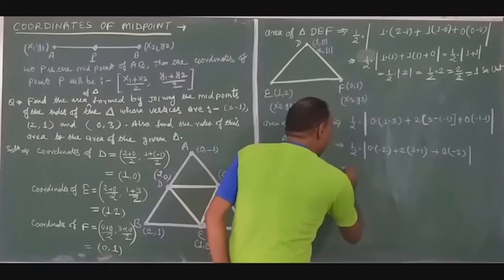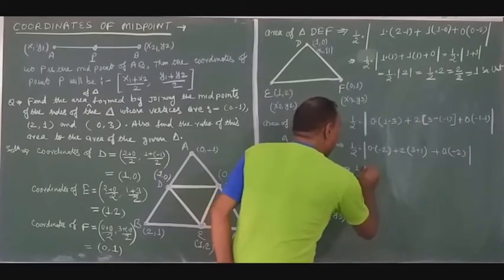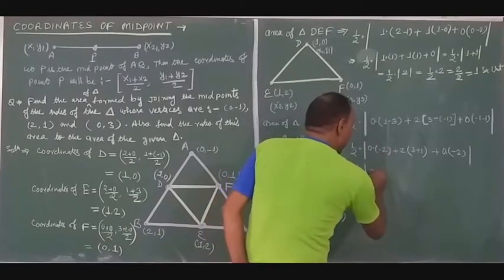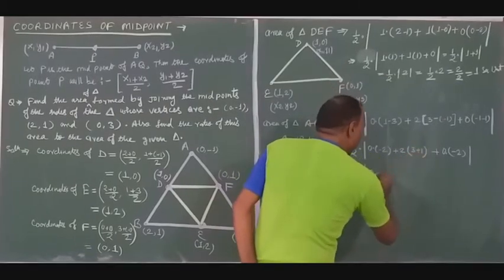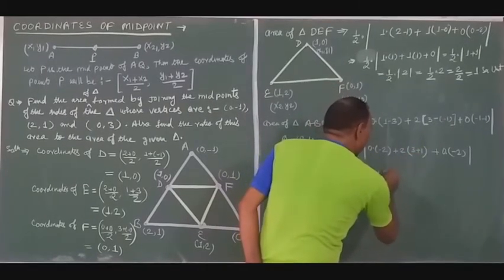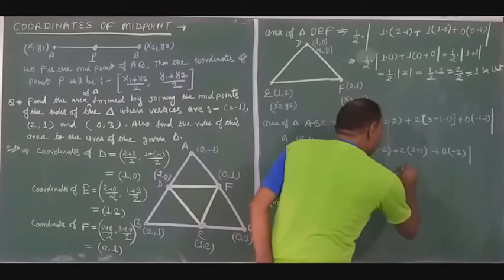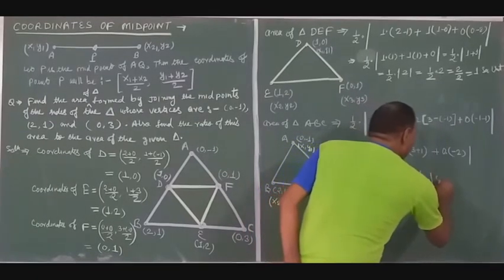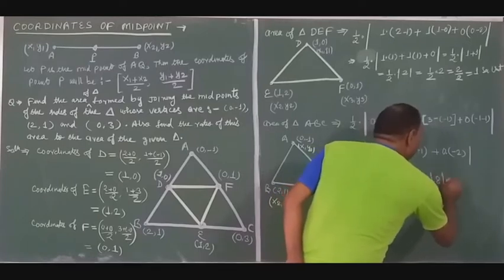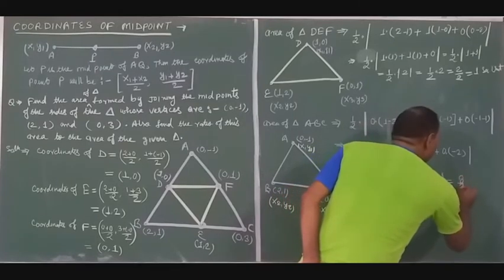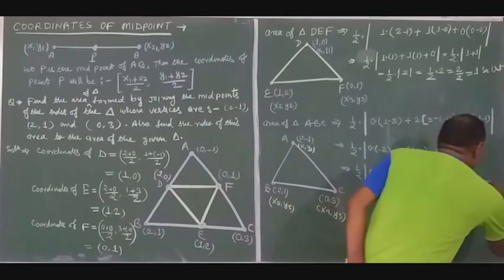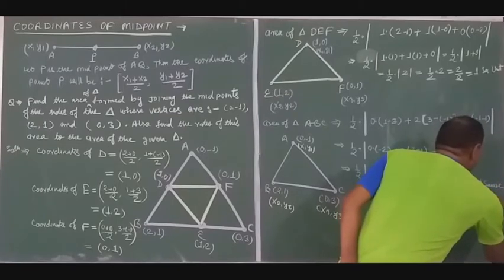Now just look here, 1 upon 2, 0 into something is 0, 2 into 4 is 8, and plus 0, that is 1 upon 2 into mod of 8, that is 8 upon 2, that is 4 square unit.